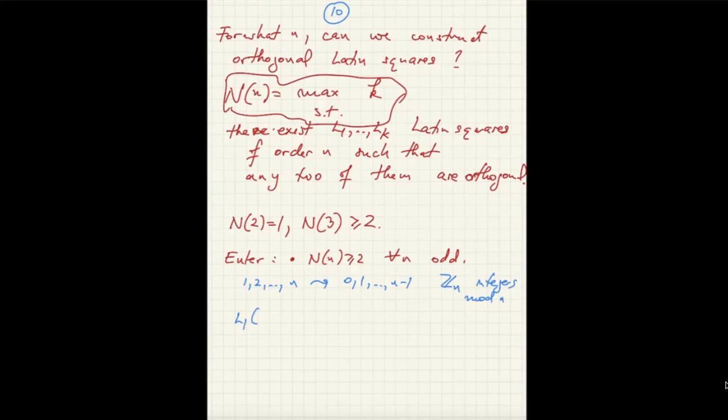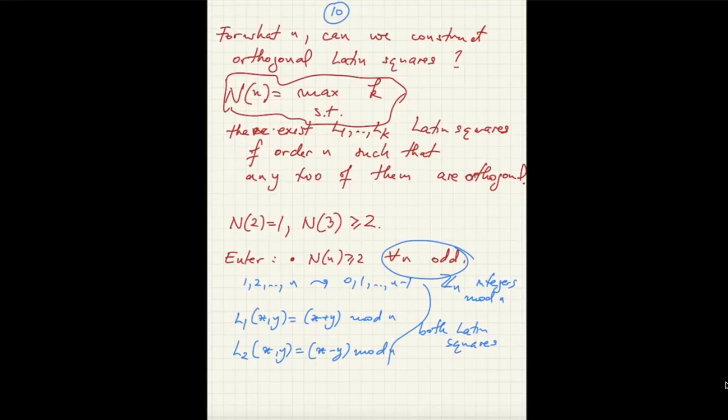And you take L1(x,y) to be x plus y mod n, the addition table of Z_n, so you know it's a Latin square. And you take L2 to be x minus y mod n. And it turns out that they're both Latin squares. And one can prove, because n is odd, that L1 and L2 are orthogonal.